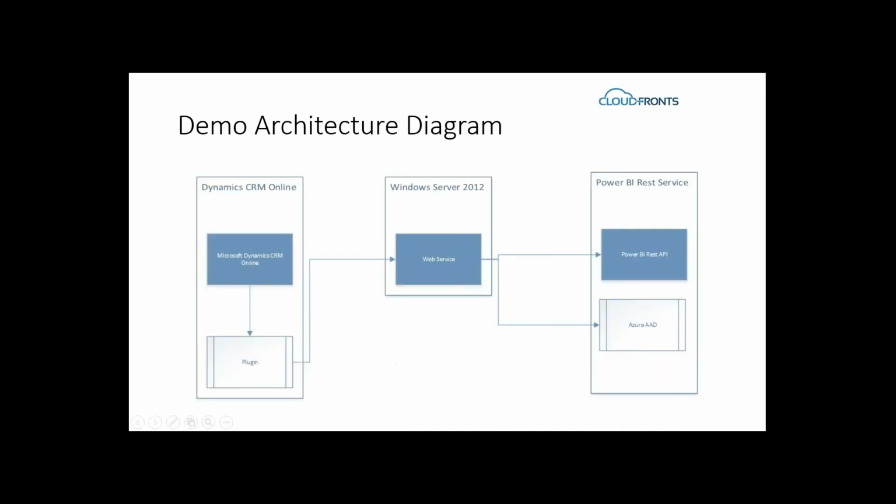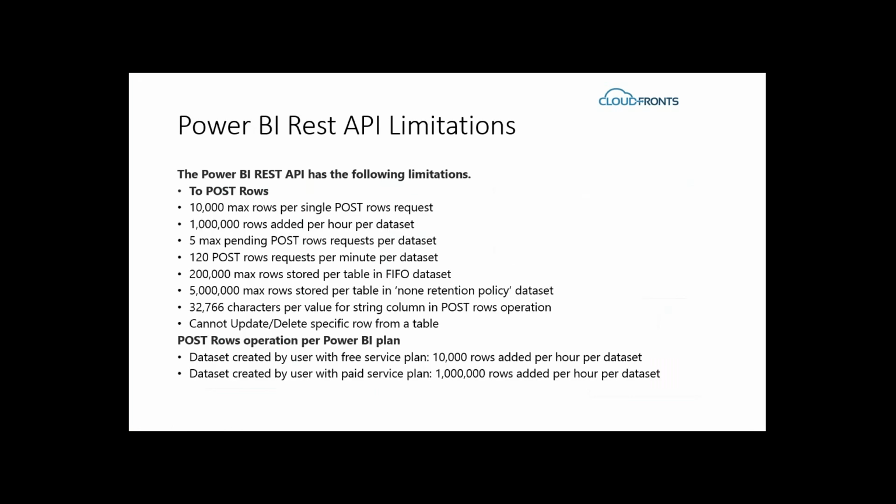Okay, so that was a short demo from our side, and next I would want us to take a look at the limitations that we have inside Power BI. So to post rows, we can have a maximum of 10,000 rows per single post request, and for an hour we can post a maximum of a million rows.